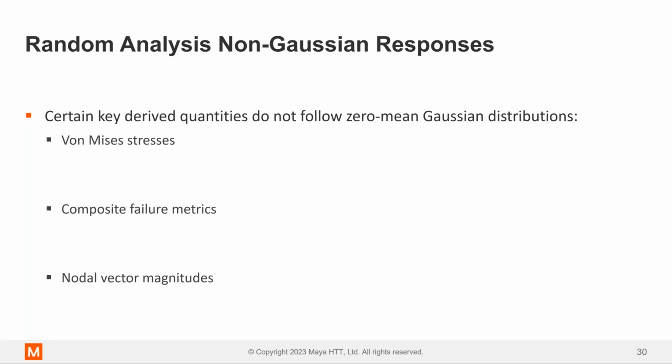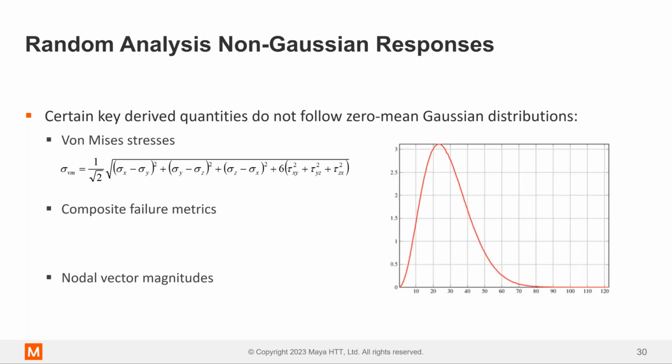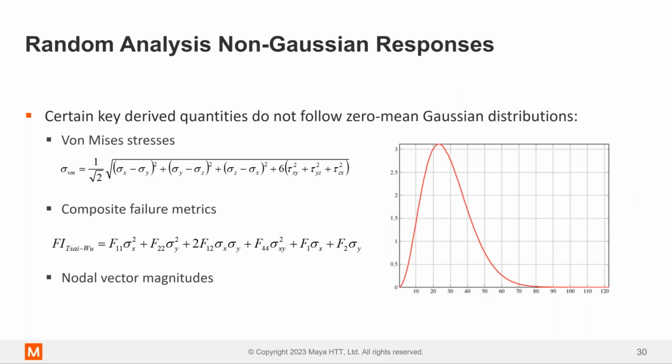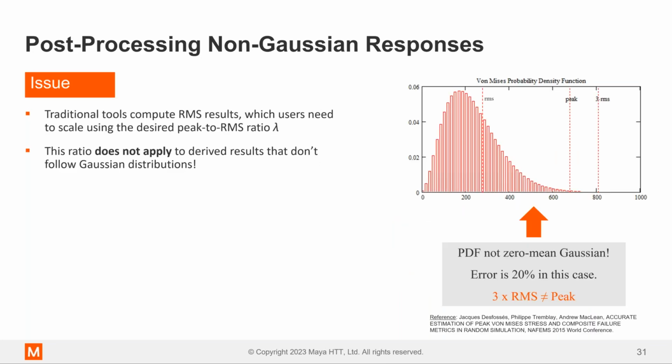Now, that was looking at a zero mean Gaussian distribution, but not all of the random analysis is Gaussian. The results you want to look at, like von Mises stresses, composite failure metrics, and nodal vector magnitudes, might not be a zero mean Gaussian distribution. So why does that matter?